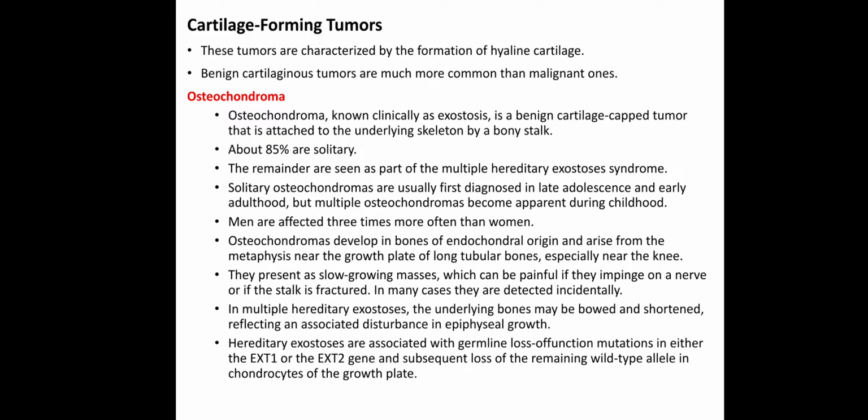In either exostosin 1 هاي جاي EXT من exostosin, or the EXT2 gene, and subsequent loss of the remaining wild type allele. wild اللي هو اللي موجود أساسا بالجسم، wild اللي هو not affected by mutation. يعني يصير عندي germline mutation بذول الجينان و wild type allele in the chondrocytes of the growth plate، الخلايا الغضروفية الموجودة بالgrowth plate، الأليل الثاني اللي هو غير متضرر، راح يصير بيها loss of the remaining wild type، يعني الأليل الصحيح بعد الحياة ذاك germ line اللي هو during the embryogenesis، وبعد الولادة راح يصير عندنا loss of function of the remaining wild allele of these genes. يعني معناته the two hit theory.